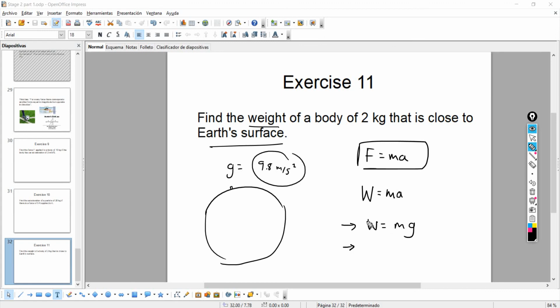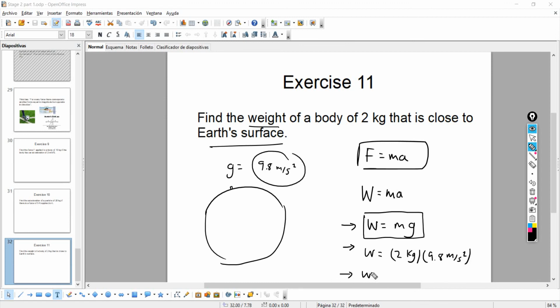We have a formula to calculate the weight of any body. The weight of any body close to the surface of the Earth is going to be its mass times the acceleration g, which is acceleration due to gravity, which is 9.8, very close to the surface of the Earth. So that's it. We substitute what we know. The mass is 2 kilograms, and g is 9.8 meters per second squared.